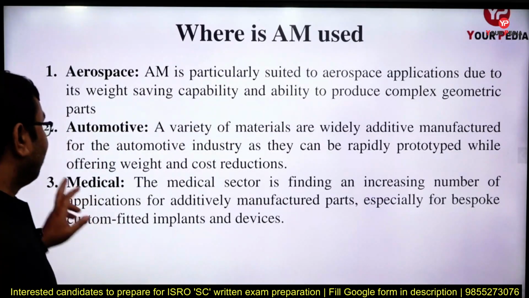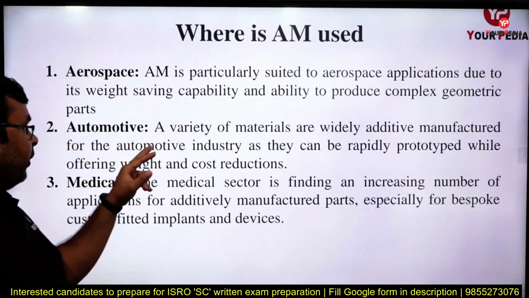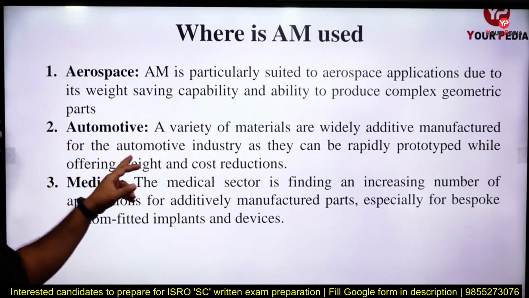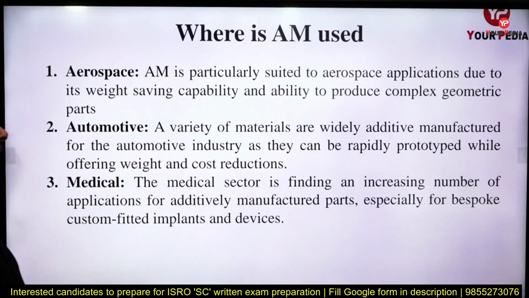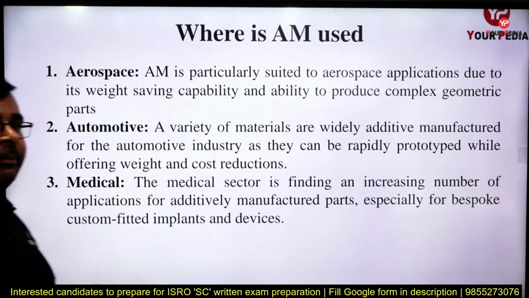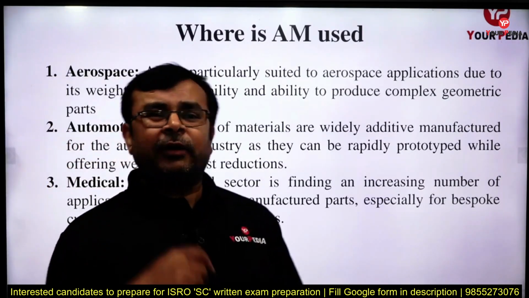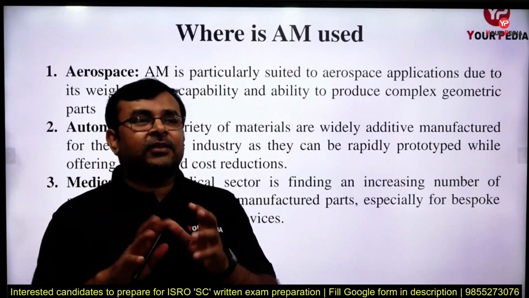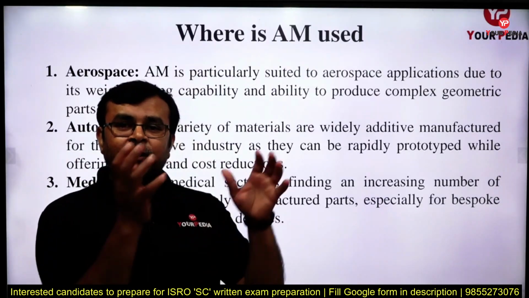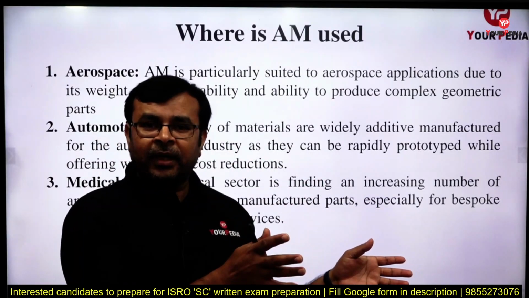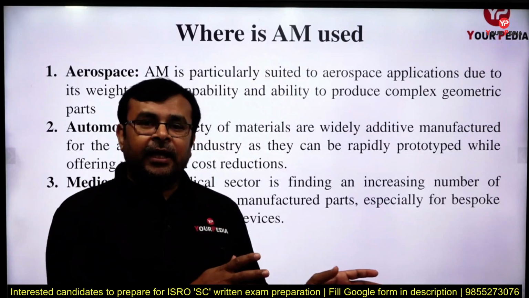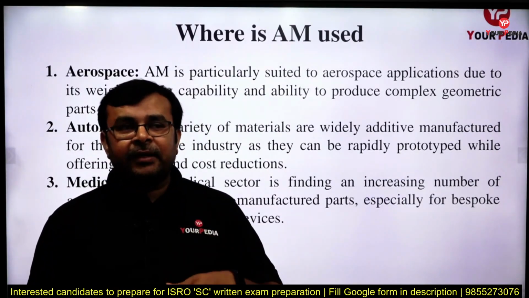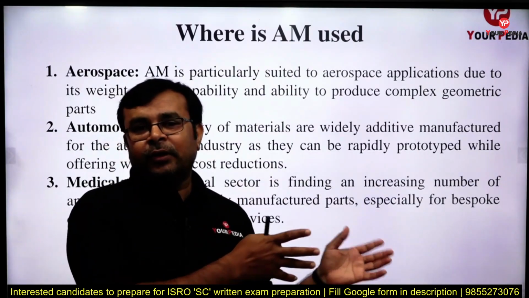Is it clear? And automotive, if we talk about automotives, a variety of materials are widely additive manufactured for the automotive industry, as they can be rapid prototyped. What is rapid prototyping? It is related to reverse engineering. Suppose you have an object which may rupture or break, but we need to make that object again, and you do not have any CAD model.